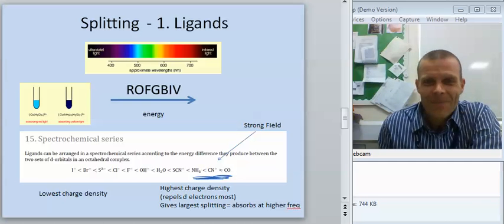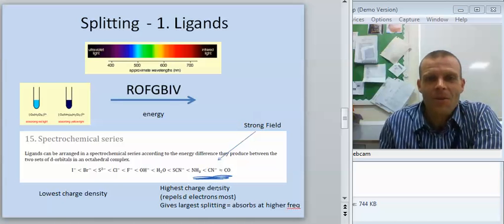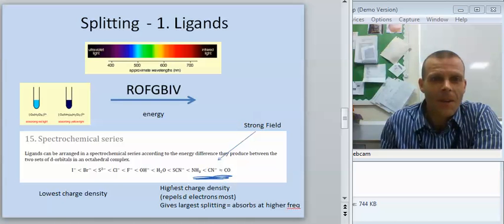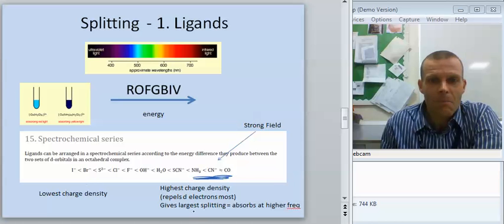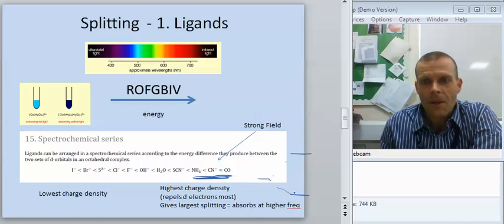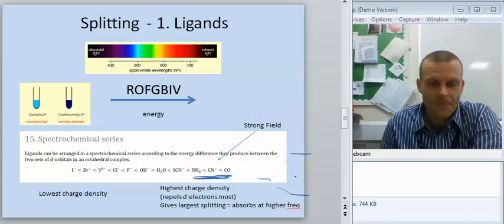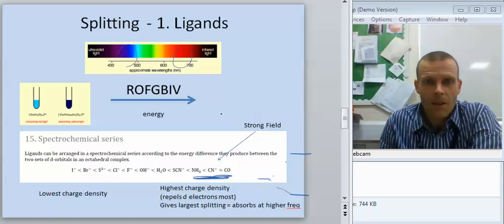Weak field ligands give a smaller splitting. If we've got a bigger gap between those d orbitals, then we're absorbing higher energy, at higher frequency. So we're absorbing this area of the spectrum, and we'd maybe expect to see more of those colors there.